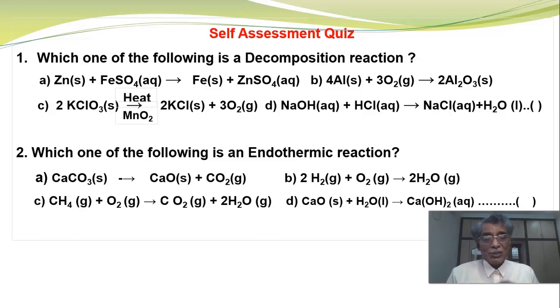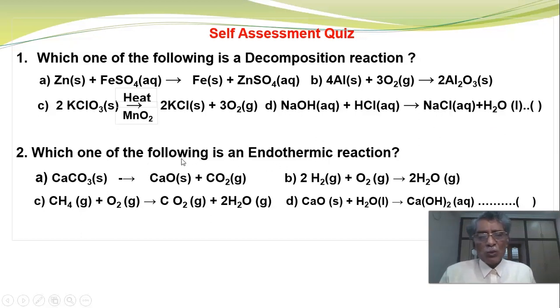Option C, 2KClO3 solid upon heating in the presence of MnO2 catalyst gives rise to 2KCl solid plus 3O2 gas. Option D, NaOH aqueous plus HCl aqueous gives rise to NaCl aqueous plus H2O liquid. Please choose the right option.